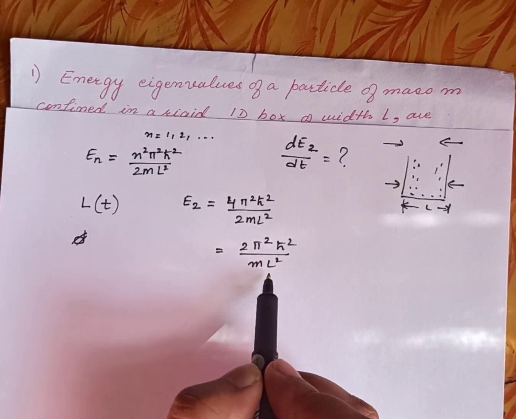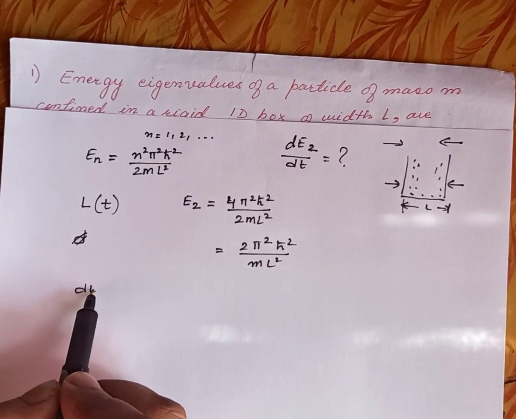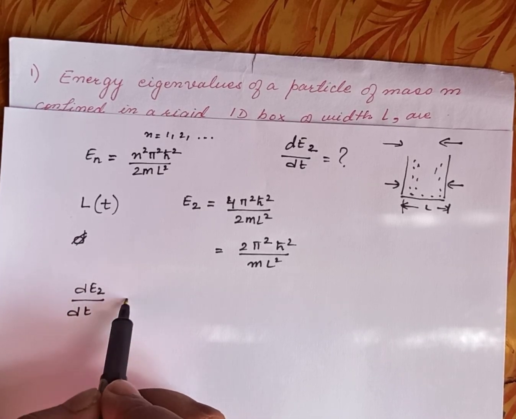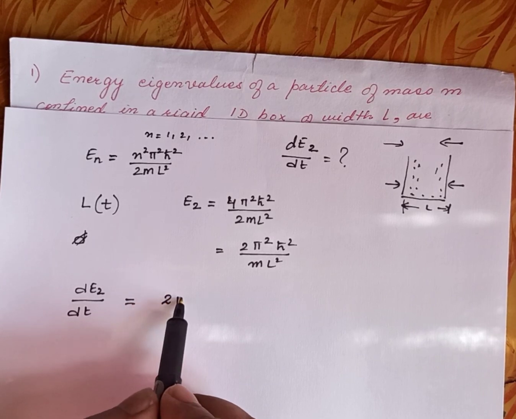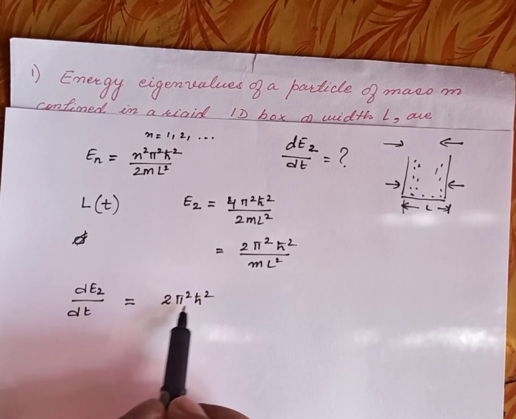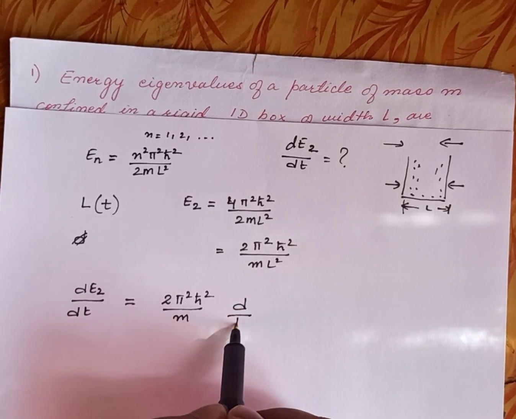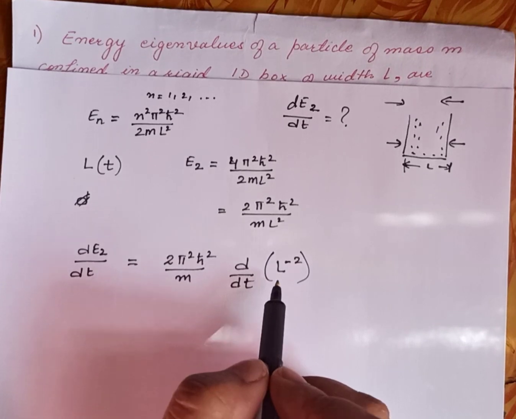But remember here that this L is a function of t. Now finding dE2 by dt, it is 2 pi square h cut square by m. These were constants, right? And then d by dt of L to the power minus 2.